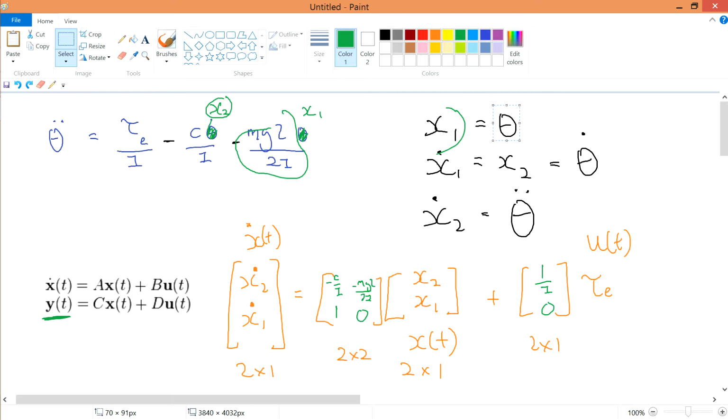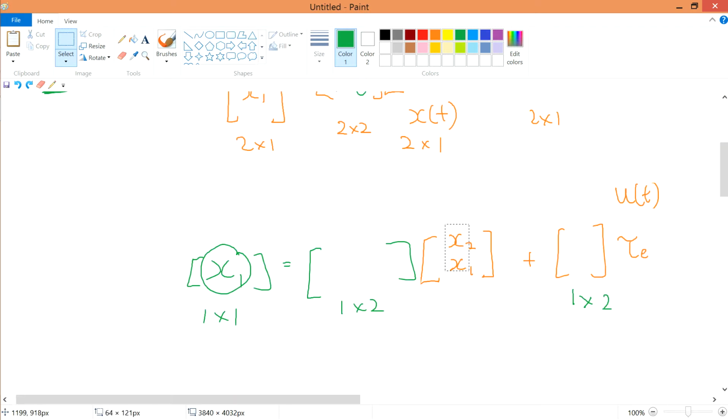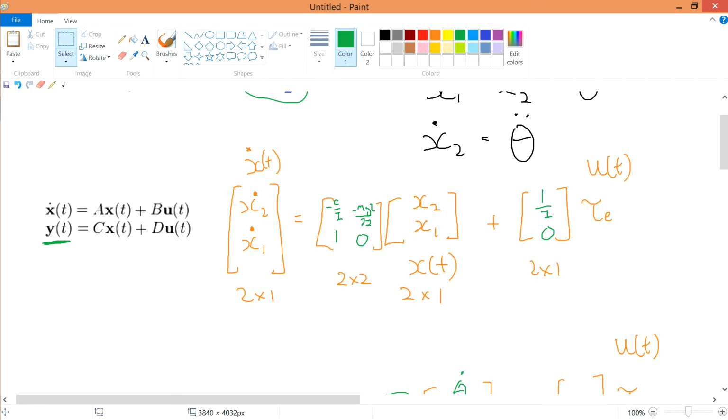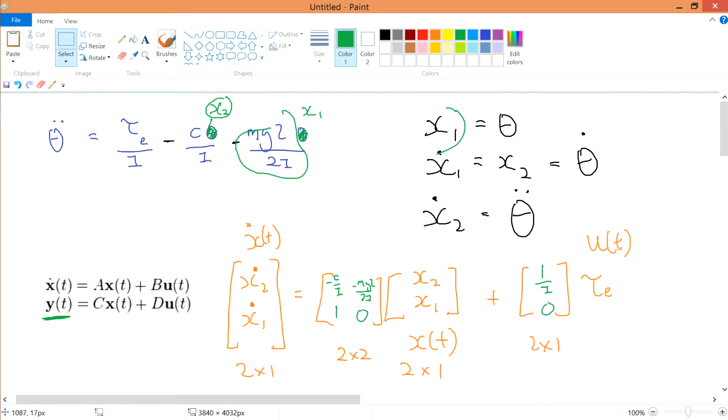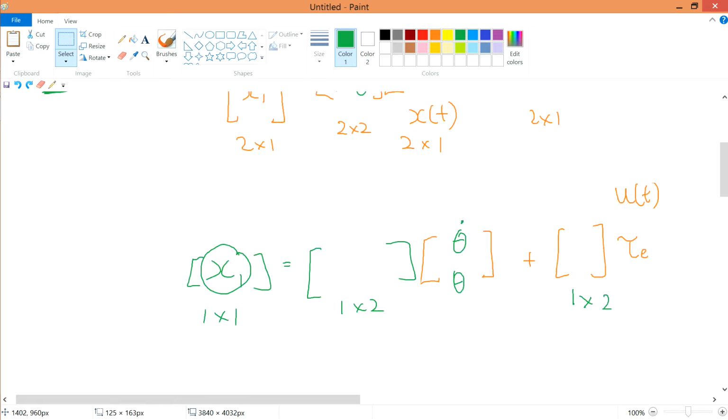This is the information, and therefore instead of x2 and x1 over here, I'll just keep it as theta dot and theta. Theta dot and theta are simply x2 and x1. So theta is x1, theta dot is simply x2. I'm just writing this in terms of this because I just want to define it more properly.